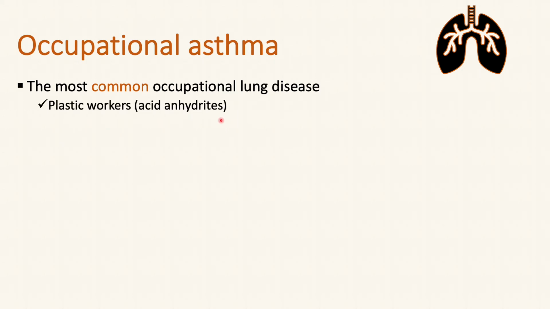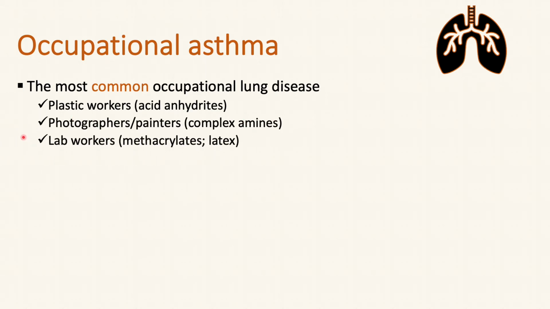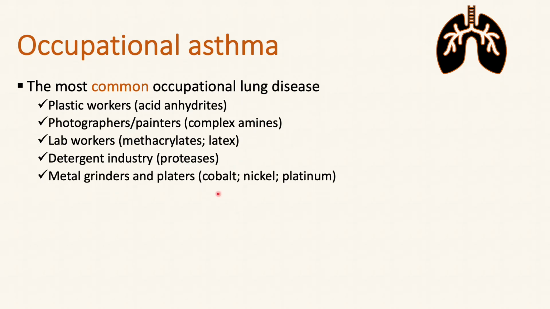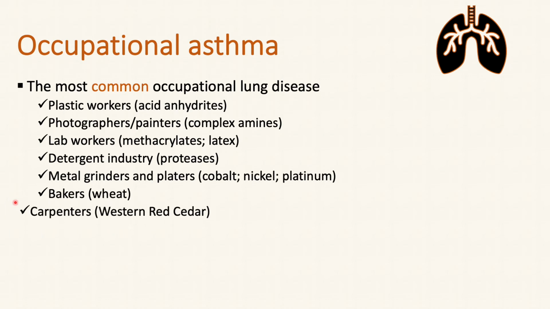For example, acid anhydrides in plastic workers, complex amines in photographers and painters, methacrylates and latex in lab workers, proteases in the detergent industry, cobalt, nickel, and platinum in metal grinders and platers, wheat in bakers, and western red cedar in carpenters.